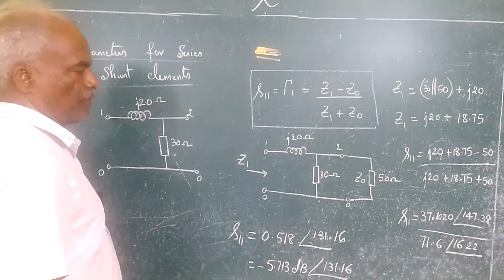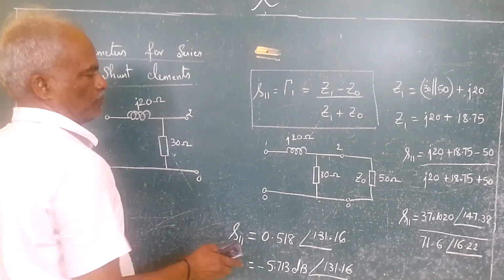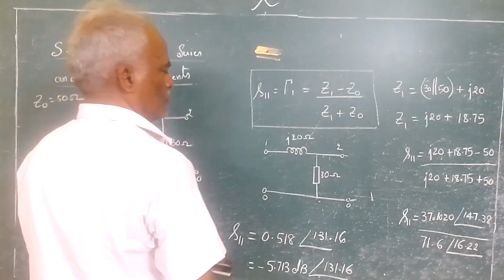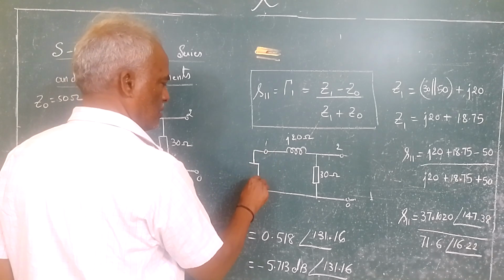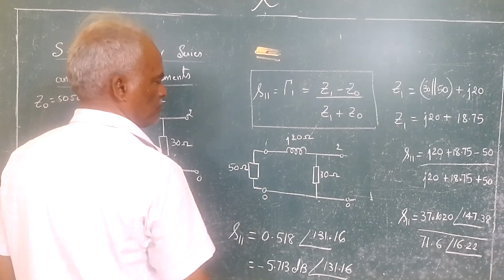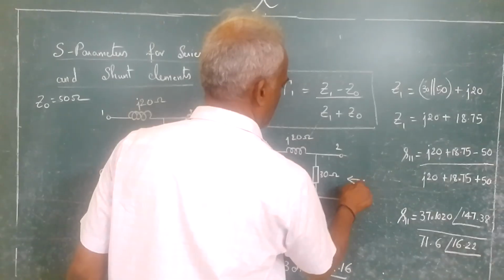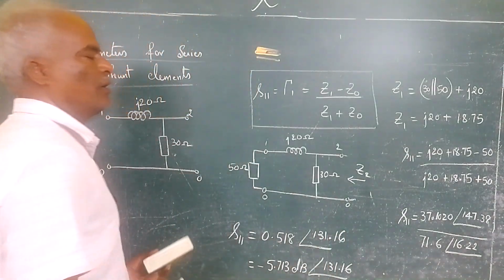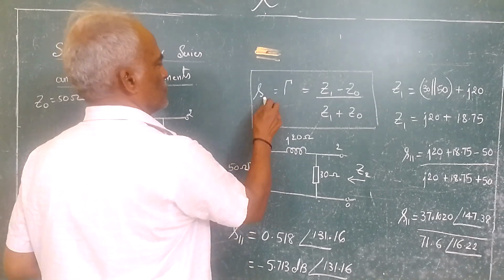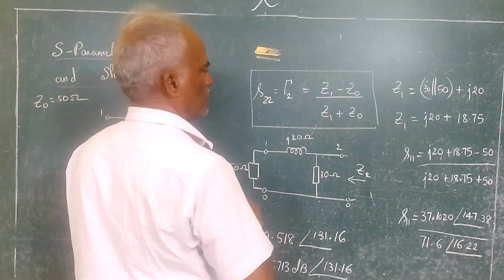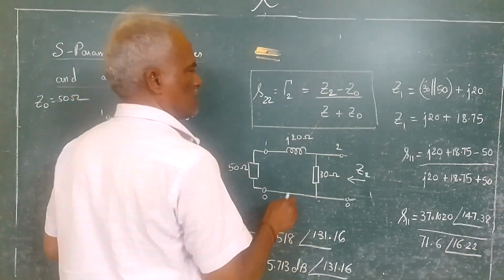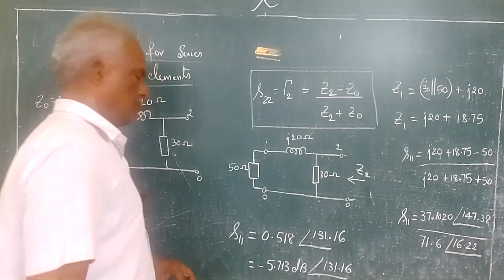Now we are going to find S22. For S22, you have to terminate port 1 with Z0, which is 50 ohms, and you are viewing from this point, which is Z2. The formula becomes Z2 minus Z0 divided by Z2 plus Z0.